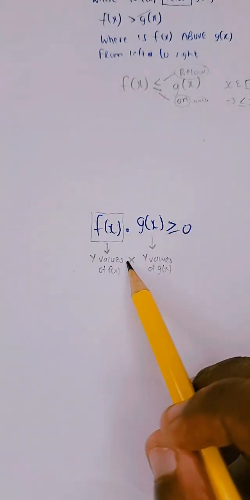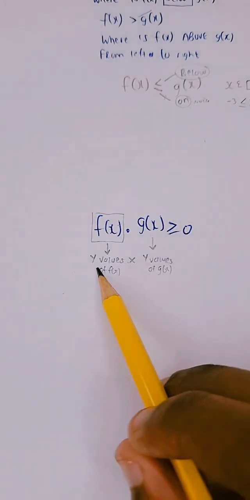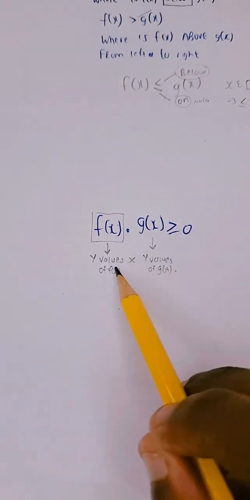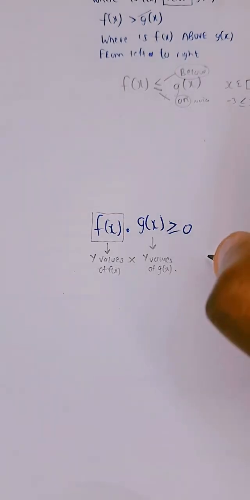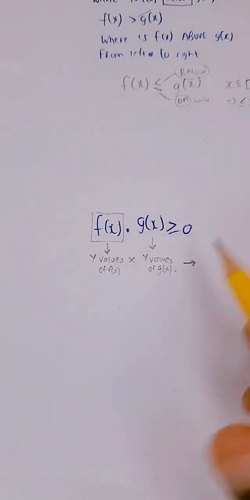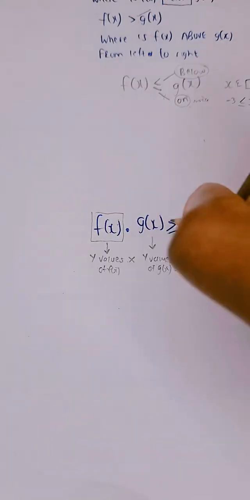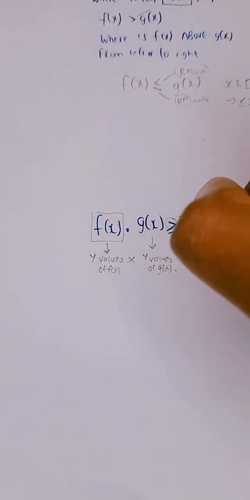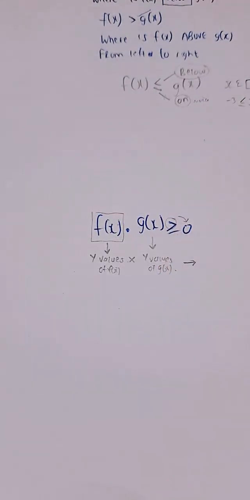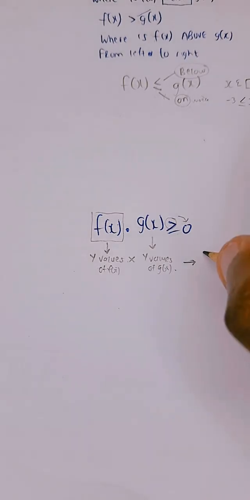The product of these two, meaning when we multiply the y values of each, the outcome should be greater than 0. What does that mean? Greater than 0 means positive.